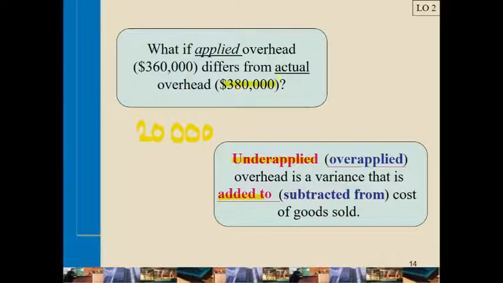Now, if it is the other way around, for example, your applied is 380,000 and your actual is 360,000, then of course you subtract 20,000 from the 380,000, because your actual overhead is just 360,000. So you will adjust it to the actual amount of your overhead, right?